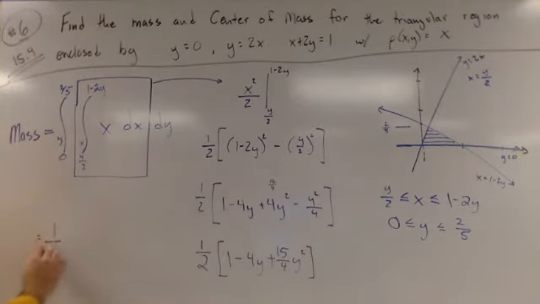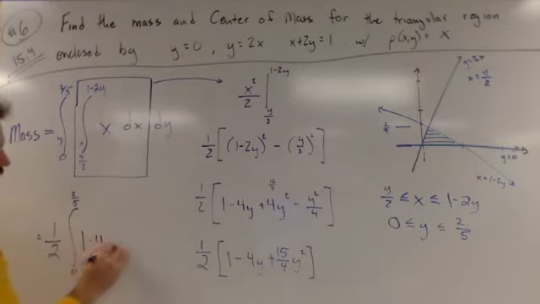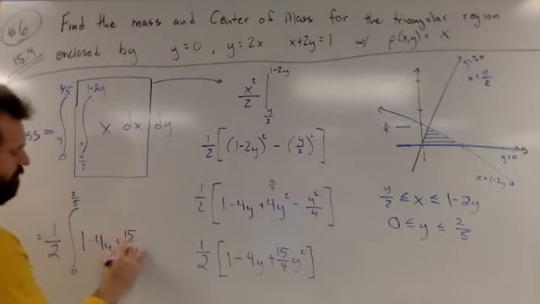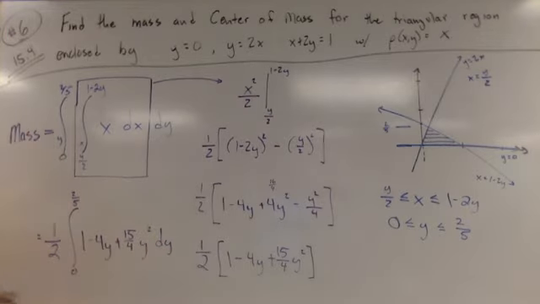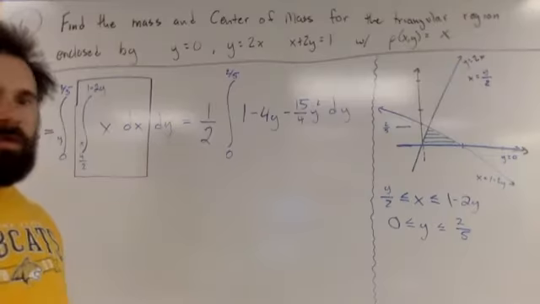So I'm going to have 1/2 the integral from 0 to 2/5 of 1 minus 4y plus 15 over 4 y squared dy. I'm going to pause. If you want to go ahead and keep going, we're going to integrate this next.